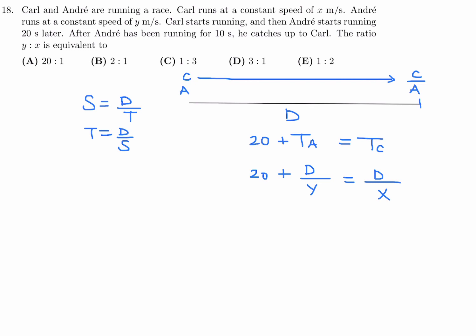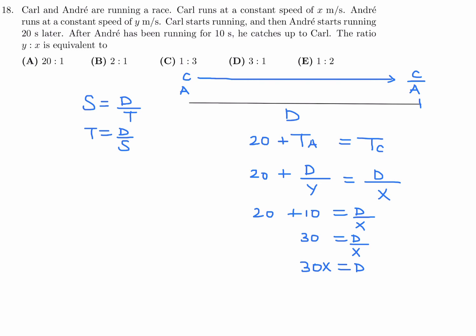Okay. And then we know another thing, that Andre has been running for 10 seconds. So his time is actually 10 seconds. So this is 10. So that basically means that 20 plus 10 is equal to D over X. And therefore 30 is equal to D over X. And D is equal to 30X.